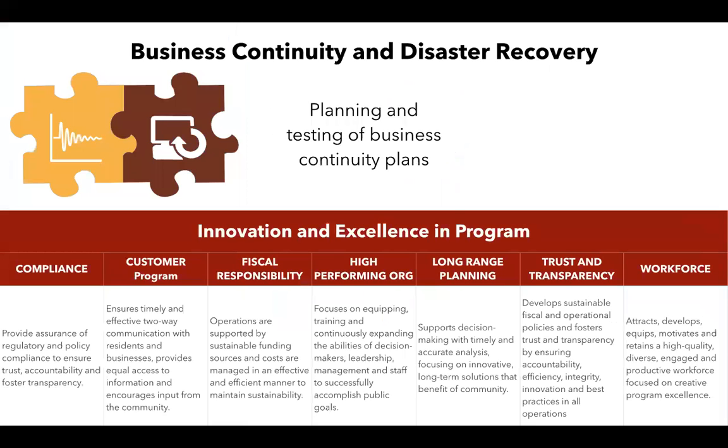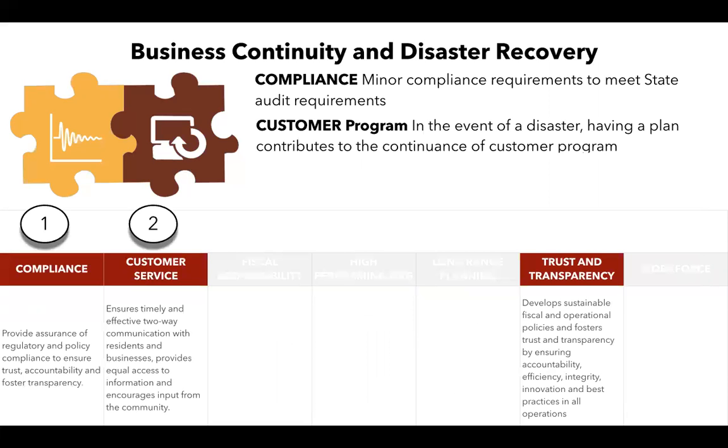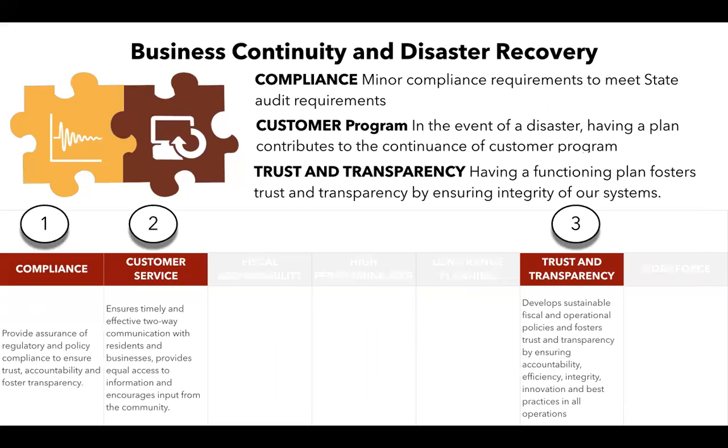Just an example of the information from a different city. This is from the city of Duluth, and this is their Business Continuity and Disaster Recovery Program. Their result areas are across the bottom. So this particular program scored a 1 in compliance, a 2 in customer service, and a 3 in trust and transparency.